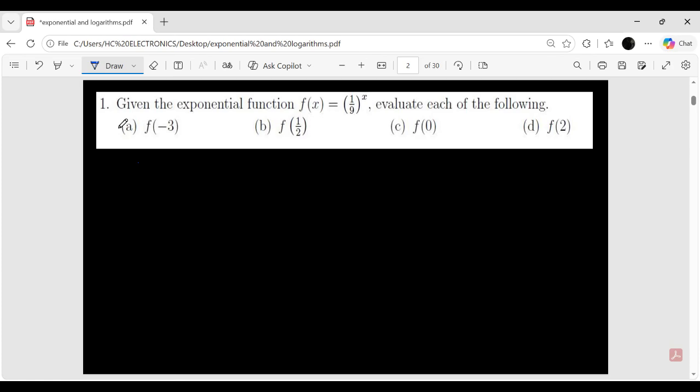Just like every other function, they've given us the equation.